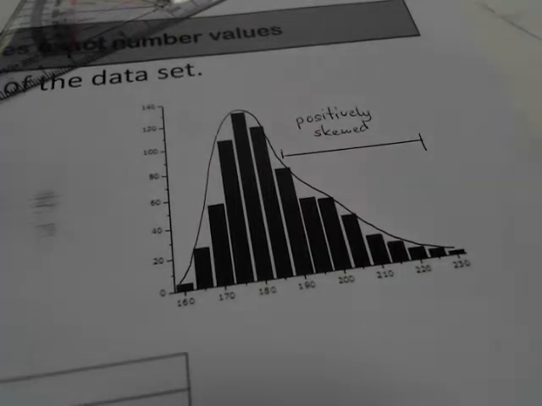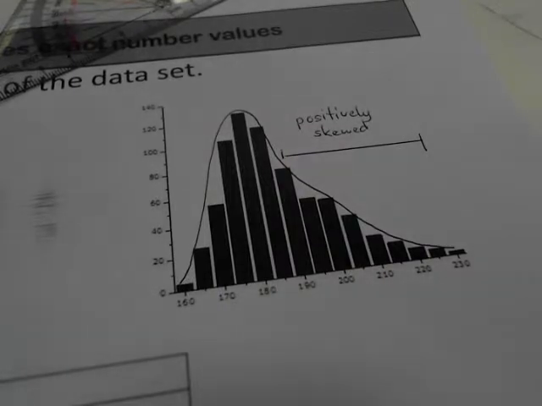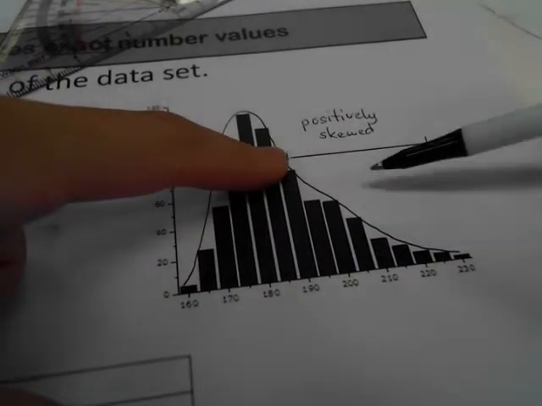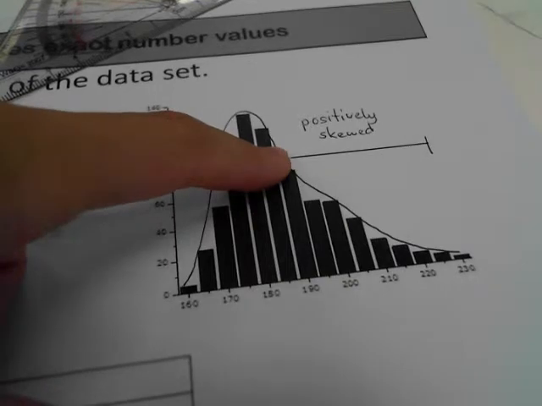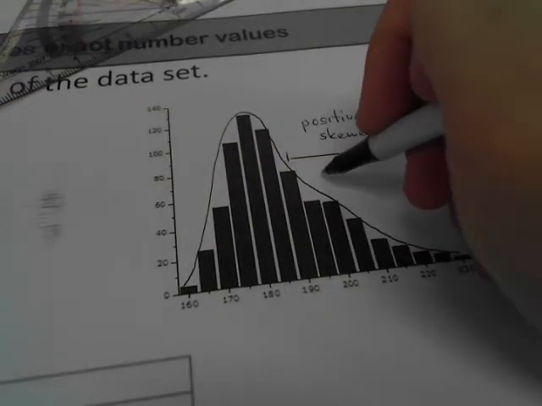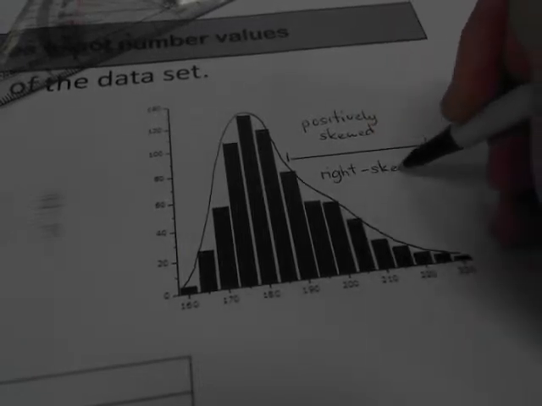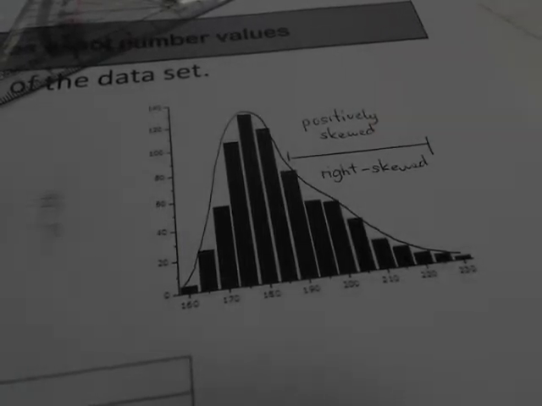No problem. Positively skewed is just basically knowing that there's a little bit of a tail towards the right hand side. We can also say this is right skewed data. It can be said as positively skewed, and it can also be said as right skewed.